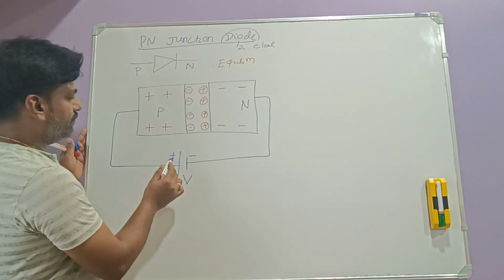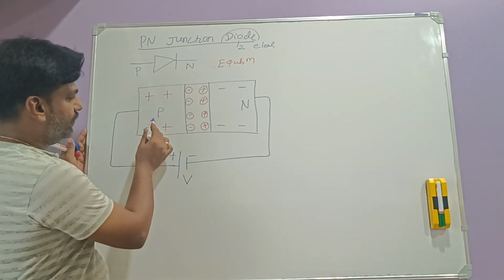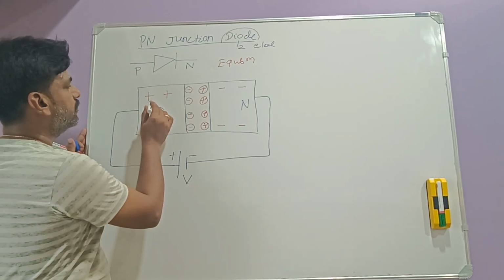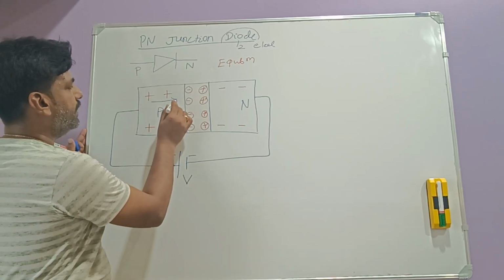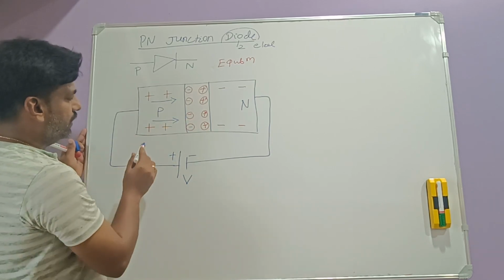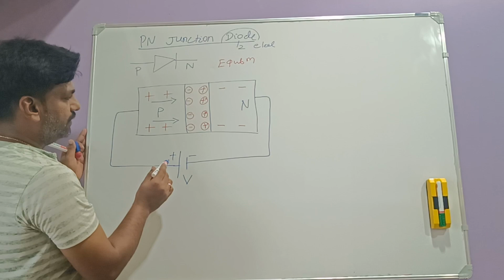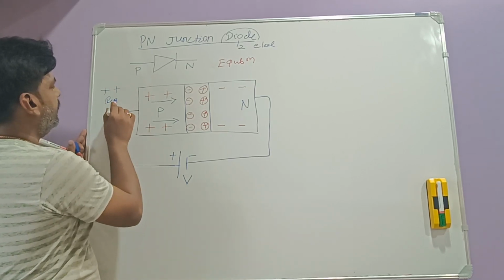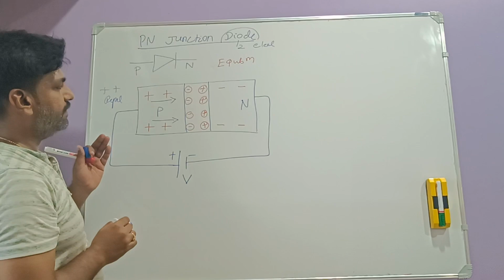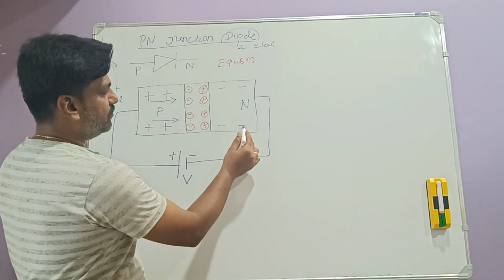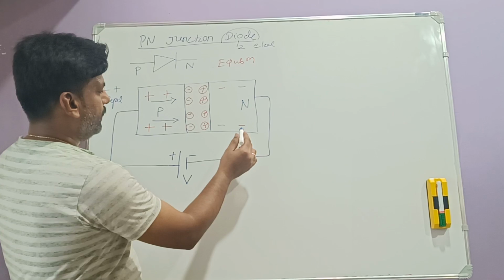Suppose the P side is connected to the positive terminal of the battery, these holes will start moving in this direction because plus and plus, they are the same charges, they will start repelling each other, right? Similarly, come to this N side, electrons are there.